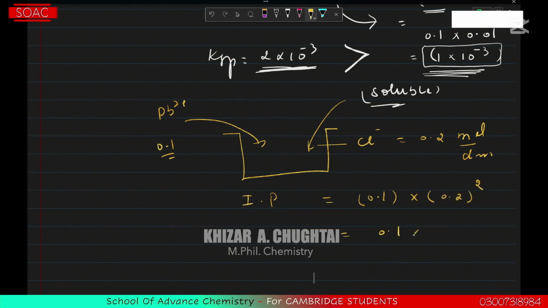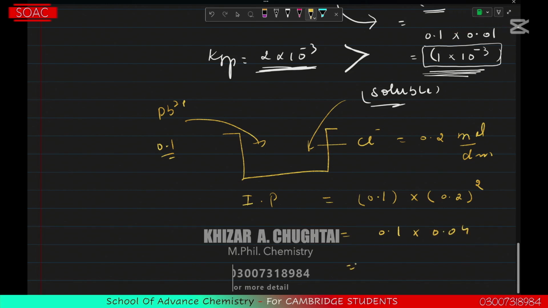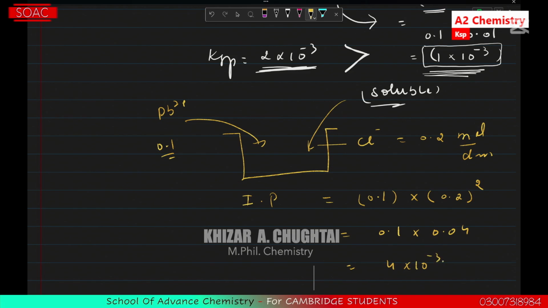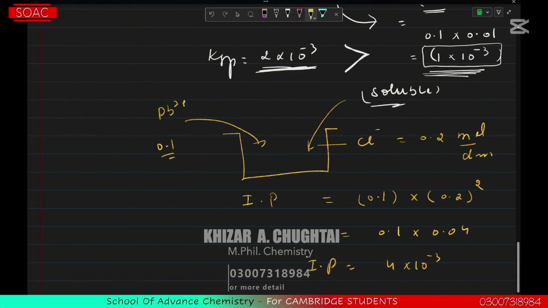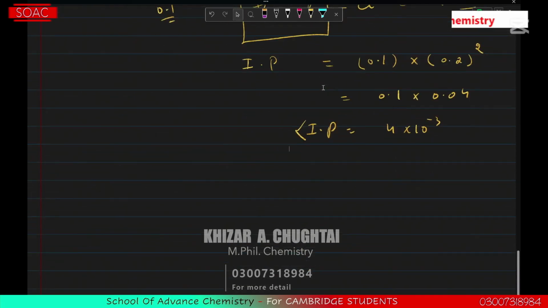So 0.1 multiplied by 0.2 square. The answer is 0.04, and the overall answer is 4 into 10 raised to power minus 3. Now you can see that the ionic product is bigger than Ksp.